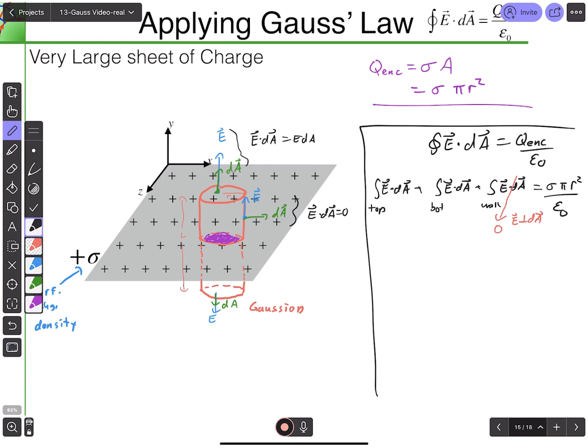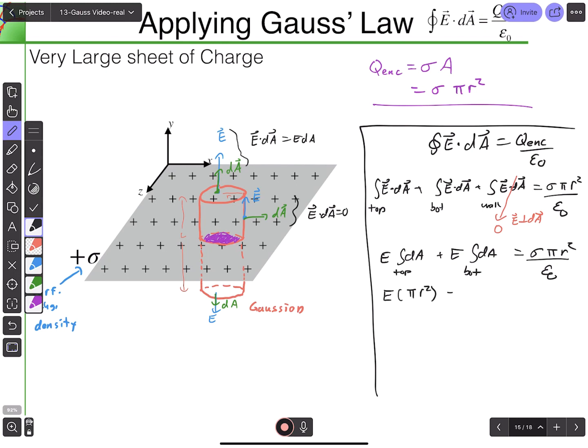But for the top and the bottom, the electric field is constant everywhere on the top, so we're just going to do E times the integral dA for the top plus E times the integral dA for the bottom is equal to sigma pi r squared over epsilon naught. And the area of the top is the same as the area of the bottom. It's going to be pi r squared.